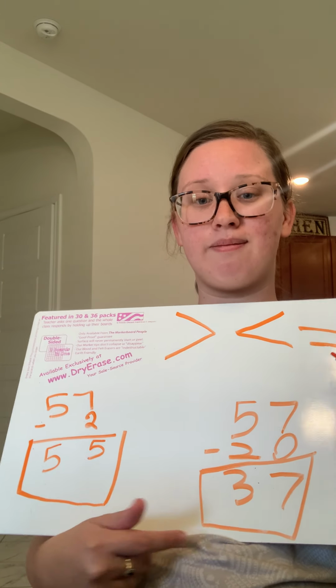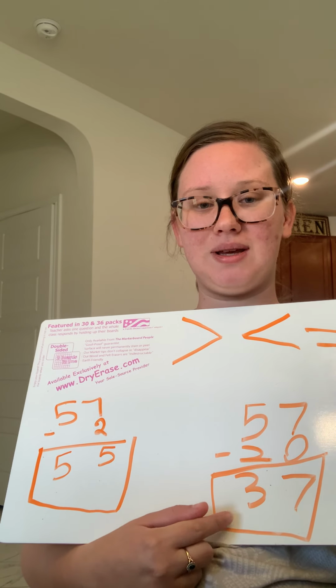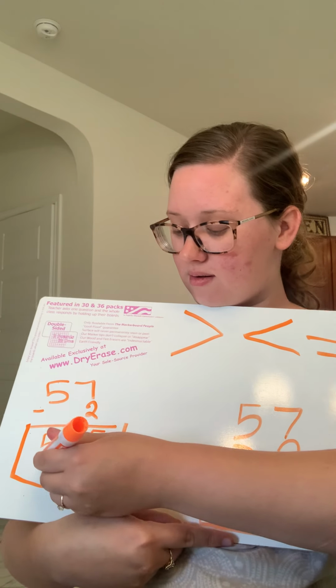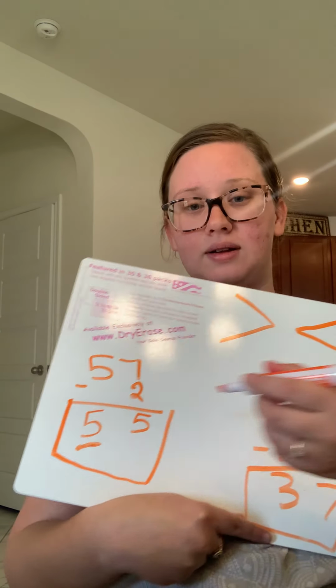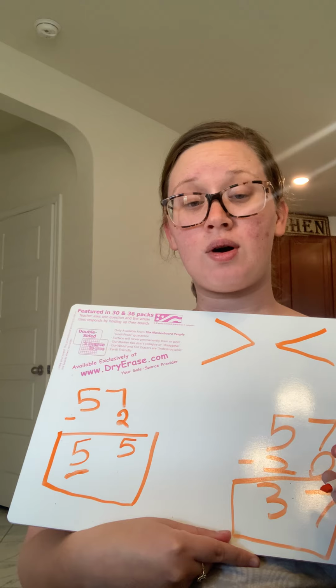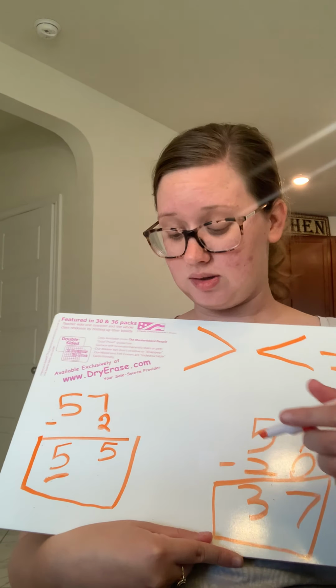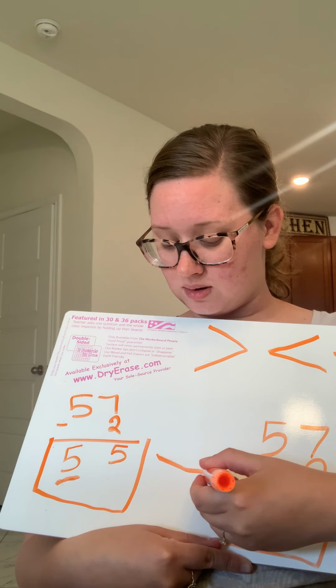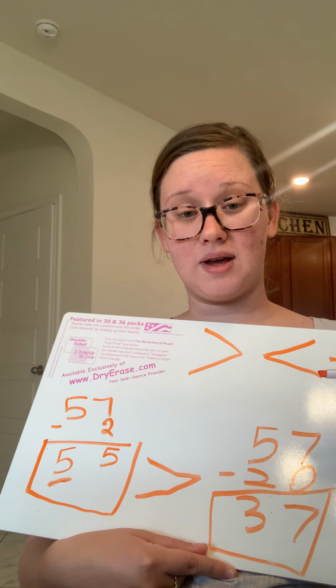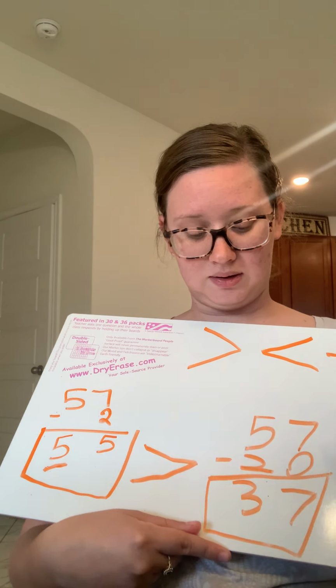Which one has the biggest number in the tens place? If you said 5, that is correct. There are more in the tens place. So that makes 55 greater than 37.